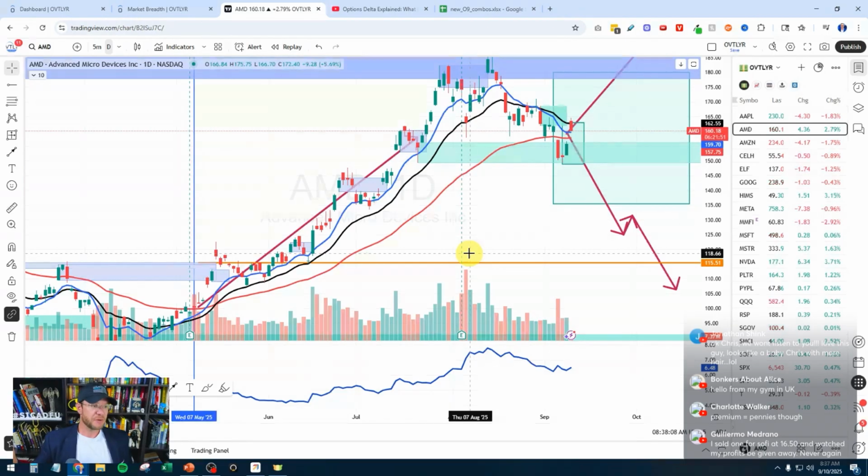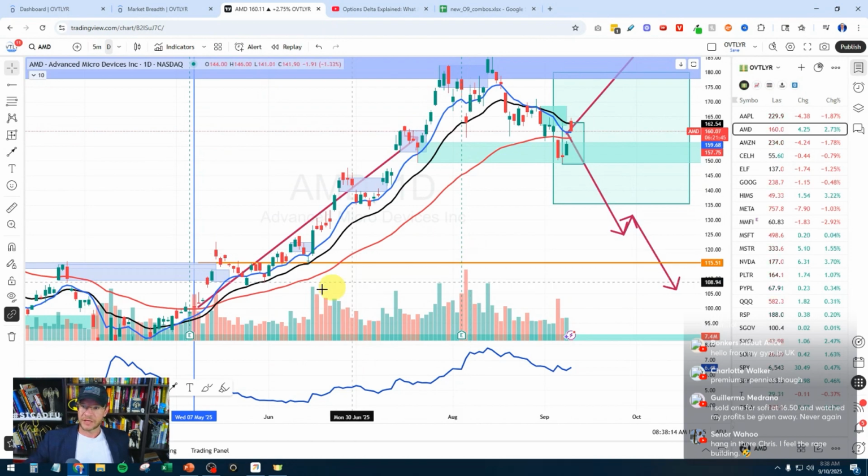I just made 10 times my money. I made 1,000% return. Instead of making a 50% return here, I made 1,000% return. That's legitimately what it's like when you buy deep in the money long calls and you have a big, giant, beautiful move like this.